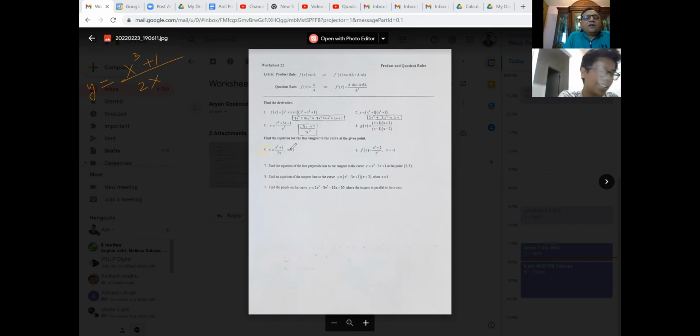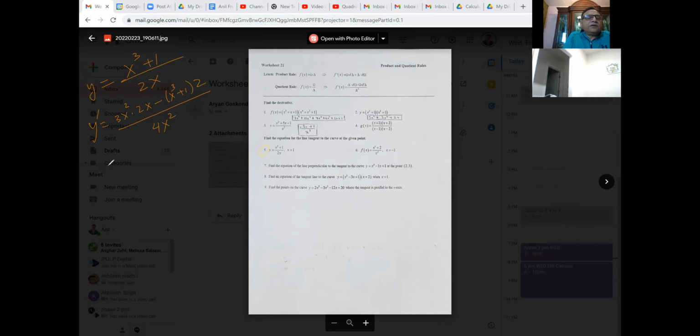So let's find the derivative. So y prime is, we can apply the quotient rule or product rule as you wish. If I apply the quotient rule, I get 4x squared in the denominator, 3x squared times 2x minus x cubed plus 1 times 2.